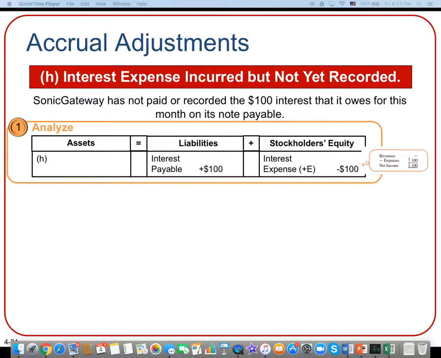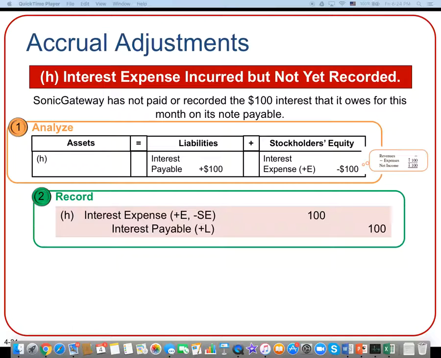Same concept. You should increase your interest expense because that interest expense is already incurred, and because you have not yet paid, you should increase your liability account, interest payable, by $100. So that's your accounting transaction for the accrual adjustment.